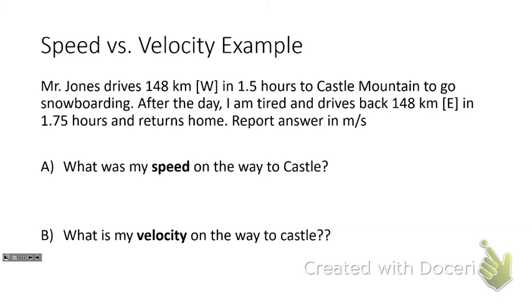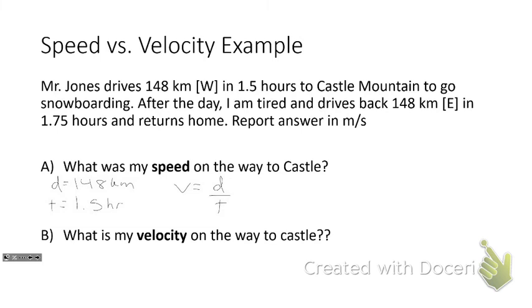Write down your variables, okay? So it drives 148 kilometers west, and we're talking about speed here. So on the way there, my distance is 148 kilometers. And my time is 1.5 hours, okay? So to find speed, speed is equal to distance over time.